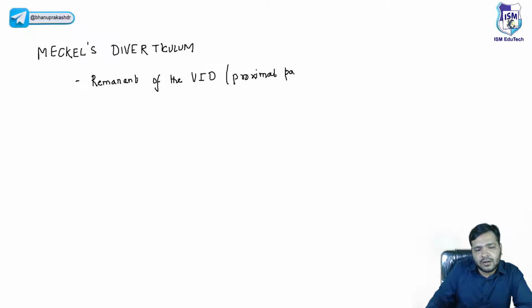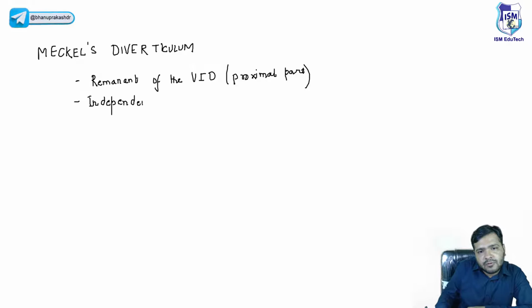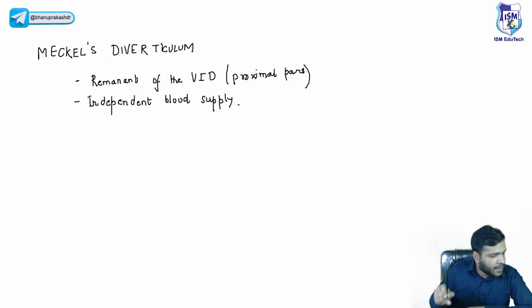Apart from that, remember that this Meckel's diverticulum has an independent blood supply. Apart from that, remember that it follows a rule, and that rule is called the rule of two.